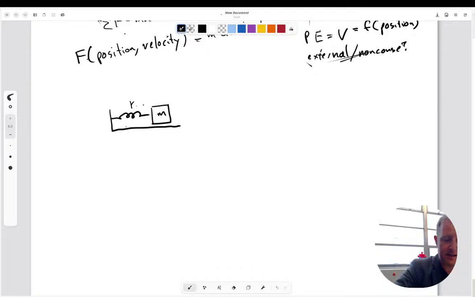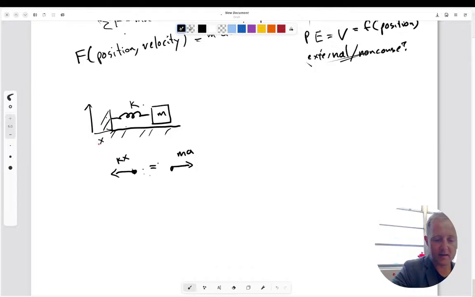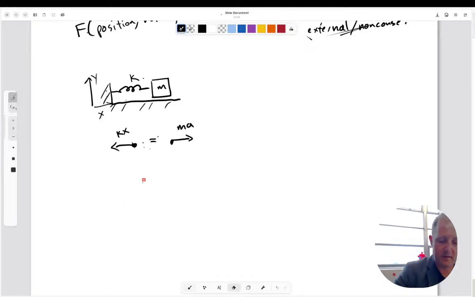If I have a mass connected to a spring, then my classic Newton's method is that I have kx acting in this direction, and my acceleration is in the opposite direction, with x as my coordinate. So negative kx equals m x double dot.